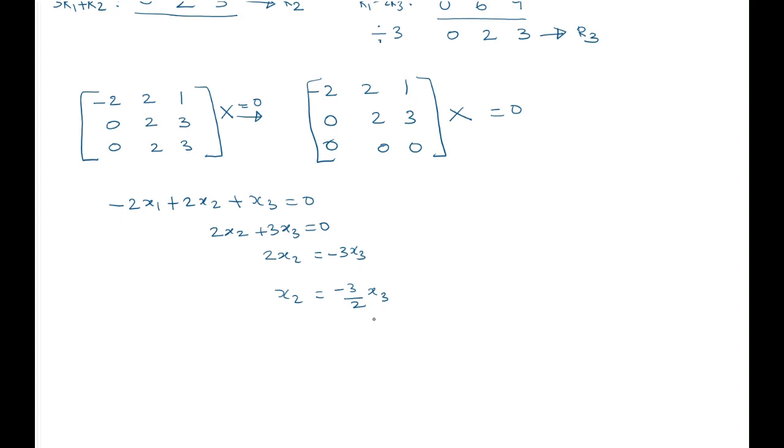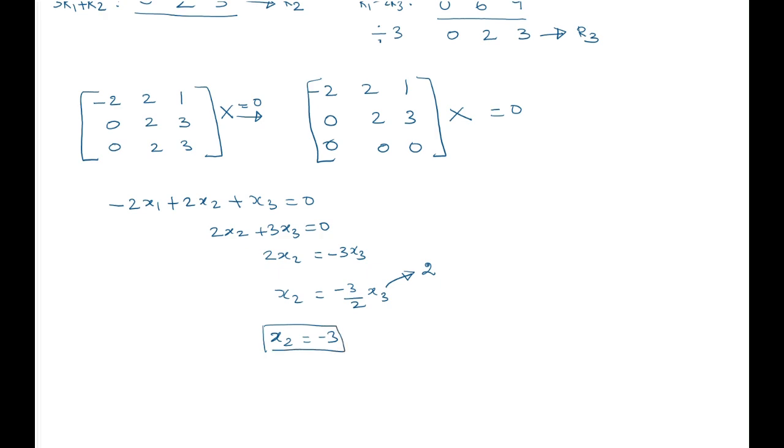Let us substitute x3's value to be 2. If I substitute x3 to be 2, this 2 will cancel, so that I can get an integer value for x2. So x2's value is minus 3.